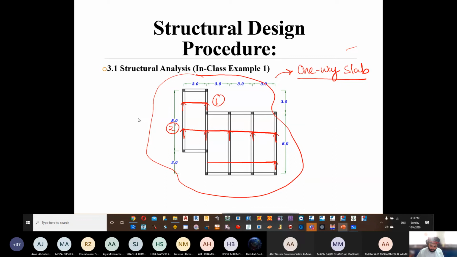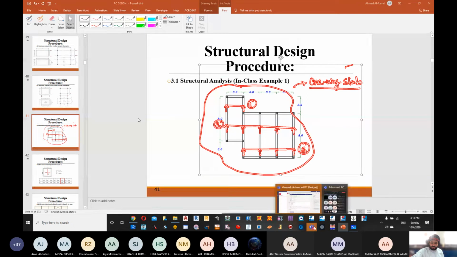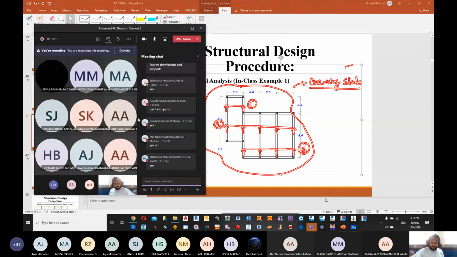So we have one support, second support, third support, and then fourth support. That's case number three. Is the cutting clear? Whatever cut I have done, is it clear for you?